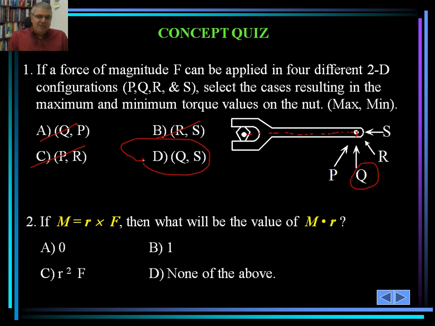Now let me ask you this: if we have a cross product, R cross F, that turns out to be M, then what will be the value of M dot R? Again, that's also very interesting. If R cross F is M, what would be M dot R?